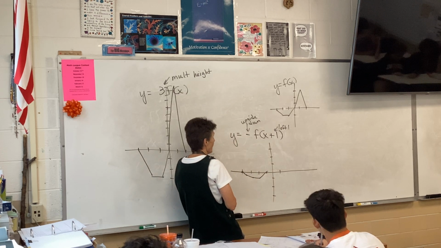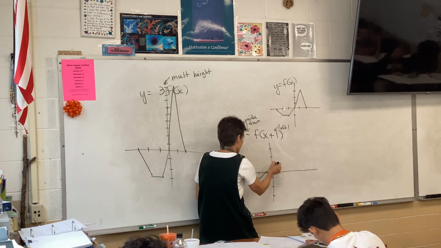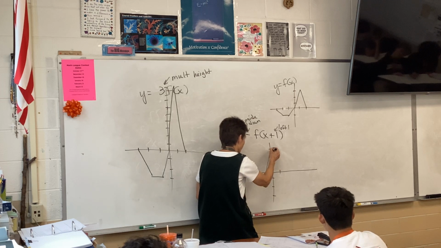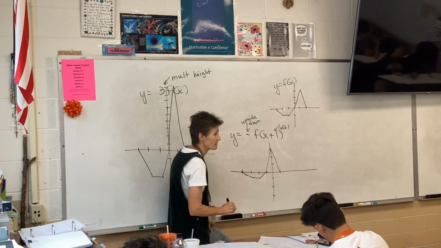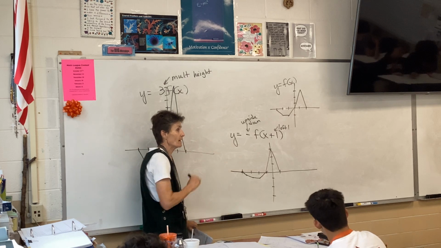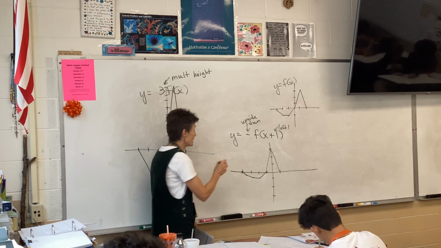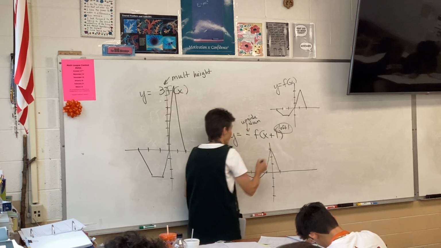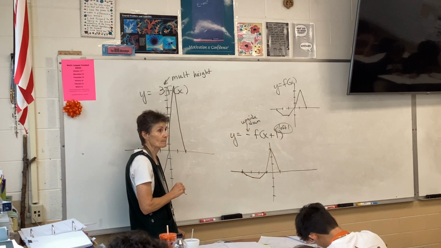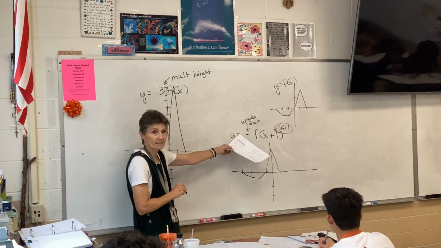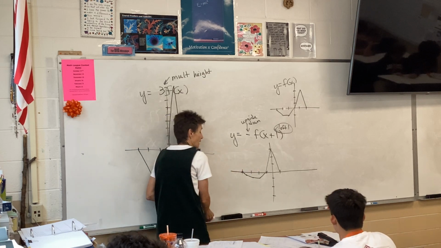Okay? And then my triangle would actually be centered on the y-axis. Are you doing one at a time? I'm doing one at a time. You can do them together if you want. So this takes care of the left part. Everybody okay with that? Now I'm going to take it and flip it upside down.